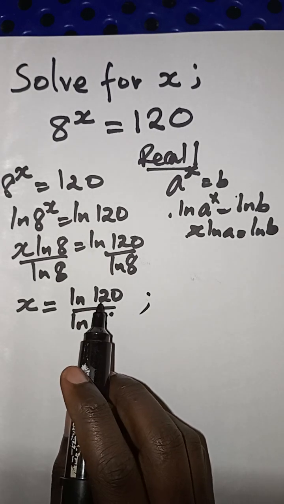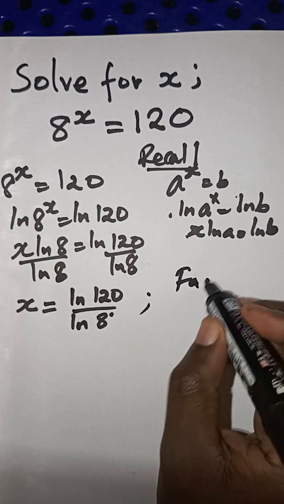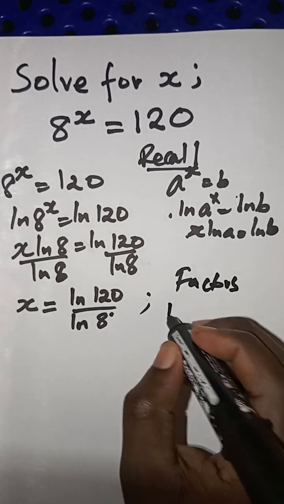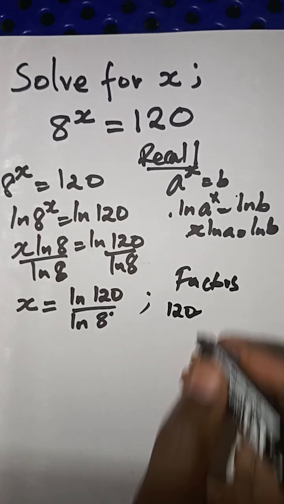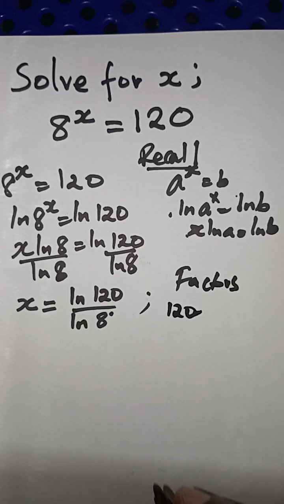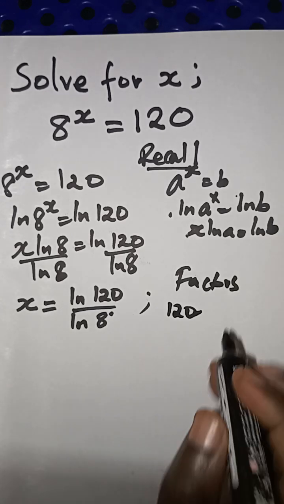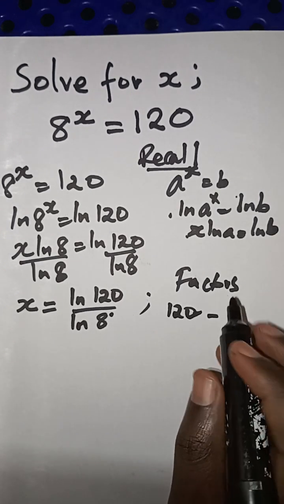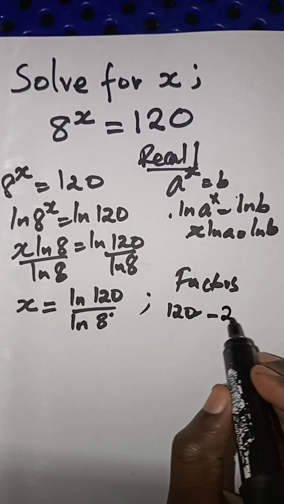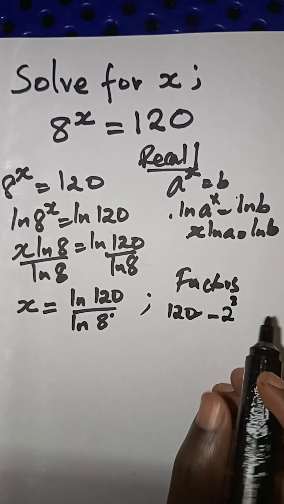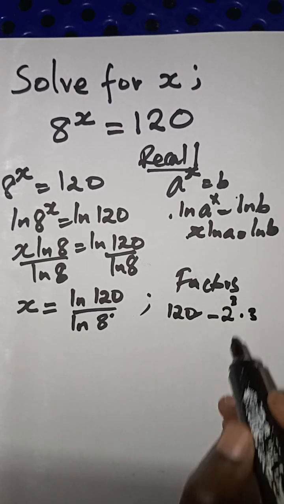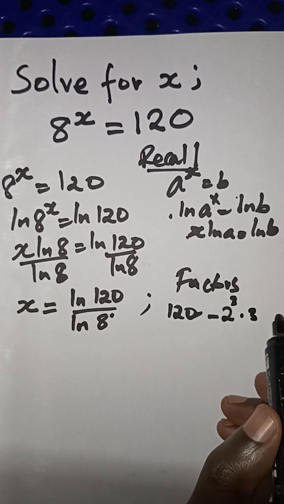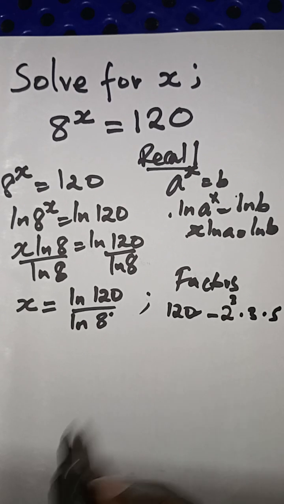Next step, I'm going to write the factors of 120. Of course, 120 can be expressed in terms of its factors as 2 power 3 multiplied by 3, and then multiplied by 5.